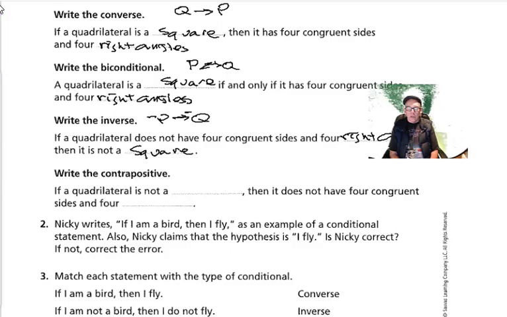So the notation that goes with that is not Q implies not P. So if a quadrilateral is not a square, so notice the Q came up front, became not, then it does not have 4 congruent sides and 4 right angles.